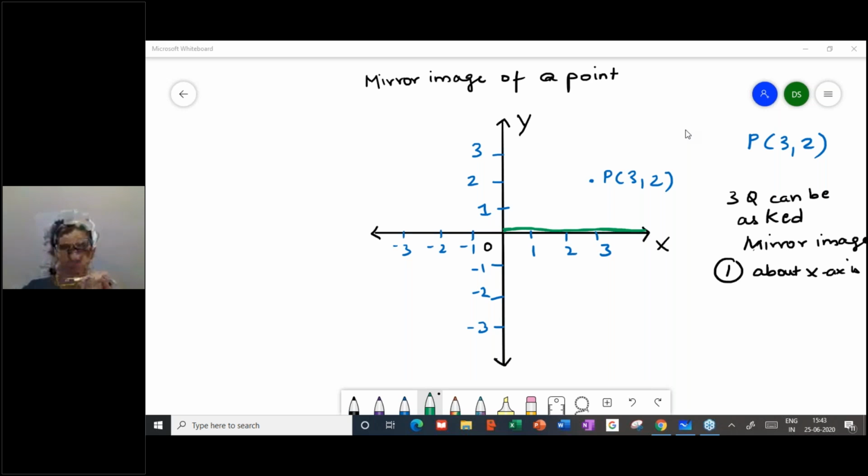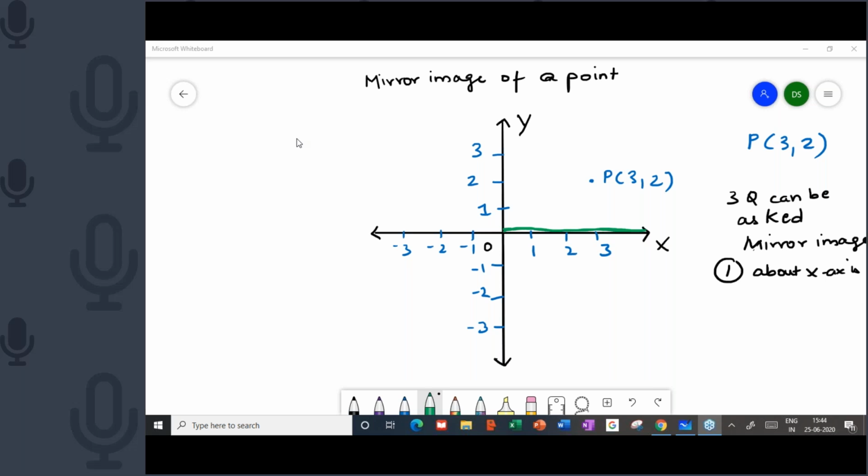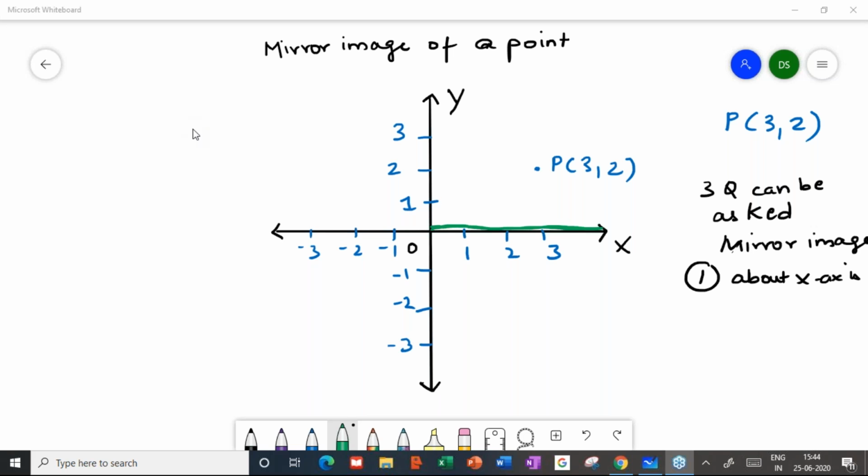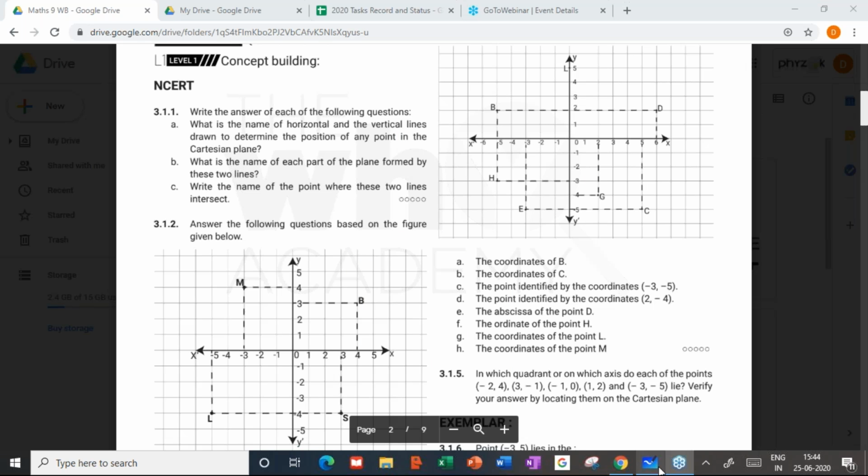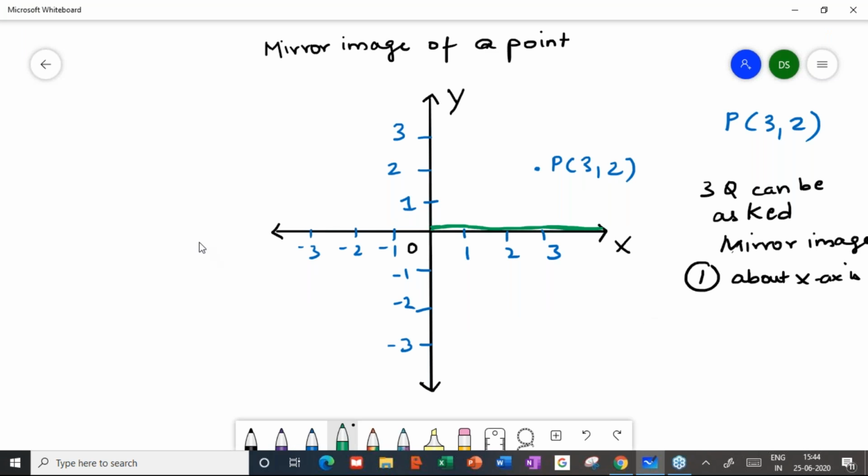Okay, let me do one thing. I'll just try switching off my webcam. Maybe it's taking up some internet issue. Okay, yeah, better.